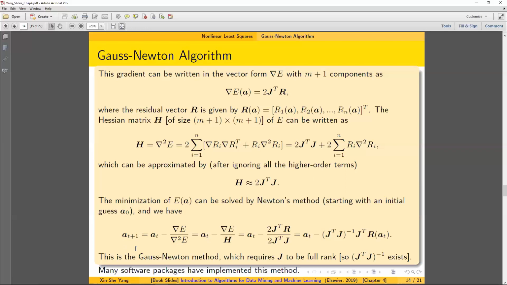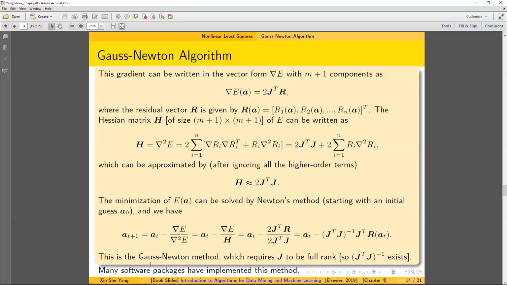You can update the next solution as the current solution minus the gradient of E divided by the second order derivative of E. And then you can continue to simplify this relationship. You would find that a_(t+1) equals a_t minus a relationship, some sort of function with the Jacobian matrix.